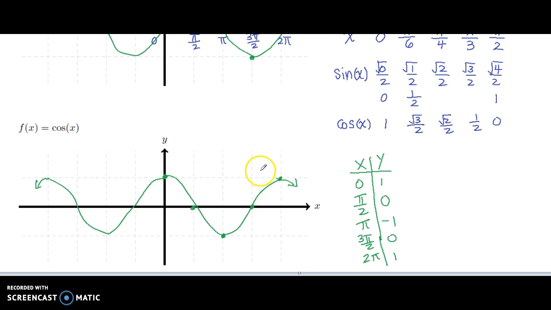One thing you need to memorize is that the domain for the sine and cosine functions are both negative infinity to infinity, because you can take any value for the angle. And the range for these two functions is from -1 to 1 inclusive. As you see, these graphs are bounded by the numbers -1 and 1 on the y-axis.